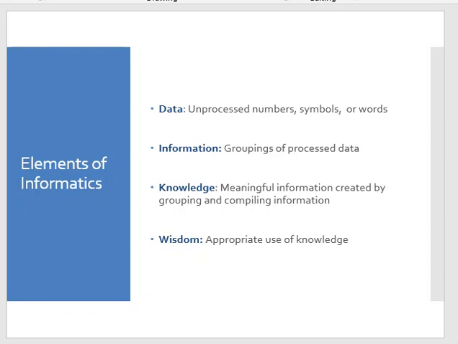Information is groupings of data processed into a meaningful and structured form. Knowledge is then formed when data are grouped and creating meaningful information and relationships, which are then added to other structured information. Knowledge can be either previously known or new, which helps make informed decisions. The nursing informatics scope and standards of practice define wisdom as the appropriate use of knowledge in managing or solving human problems.